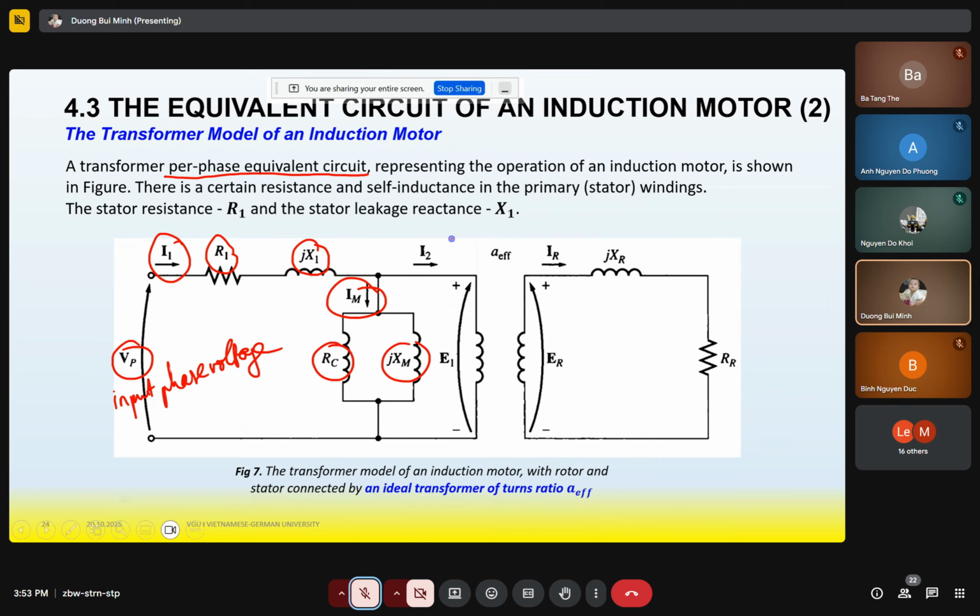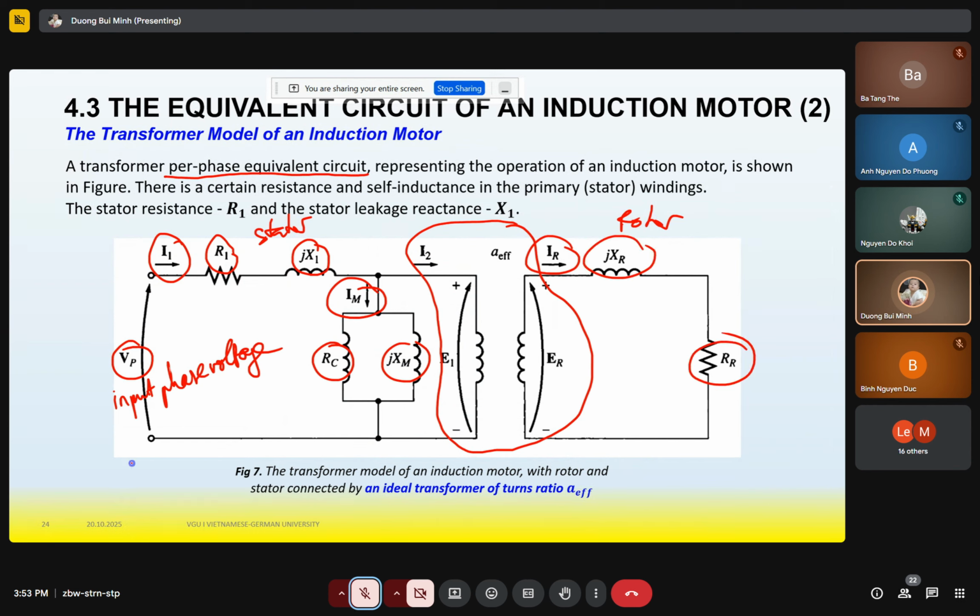Here, this is the air gap. This one is the stator and this one is the rotor. For the rotor, we have rotor current, rotor reactance, rotor resistance, and induced voltage.